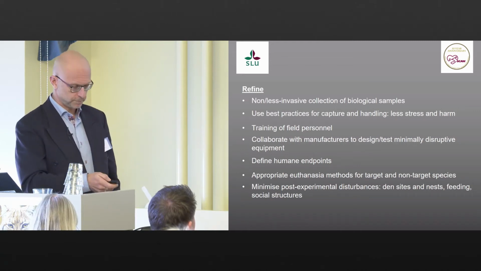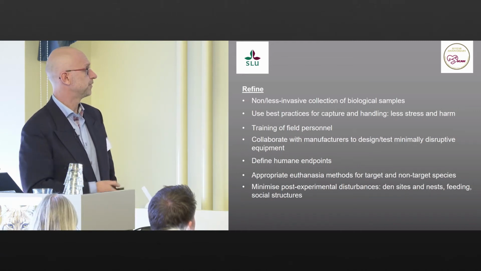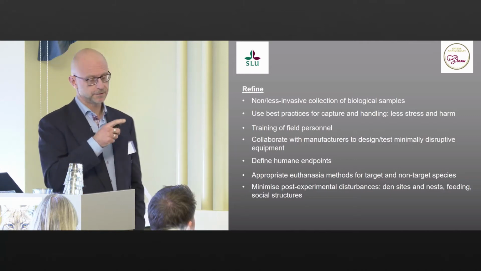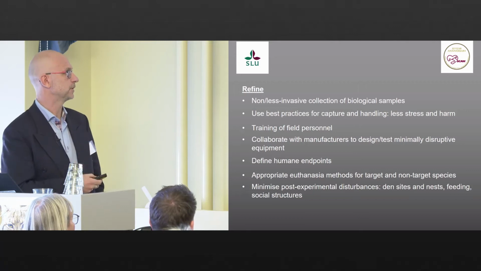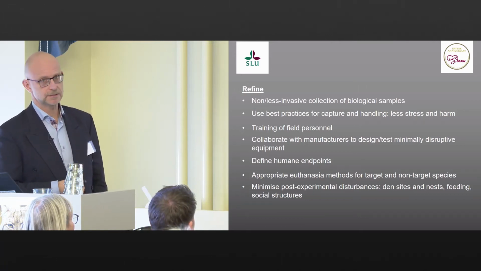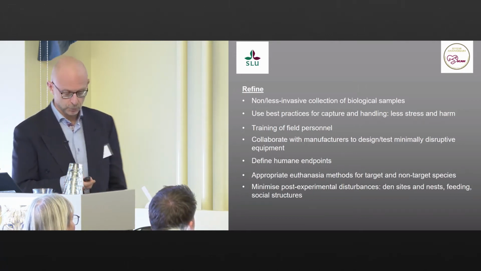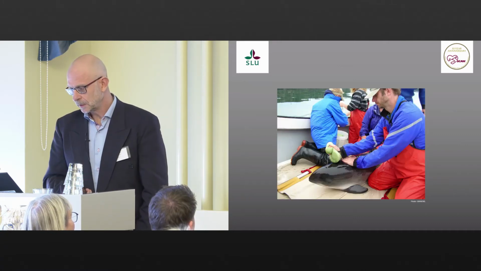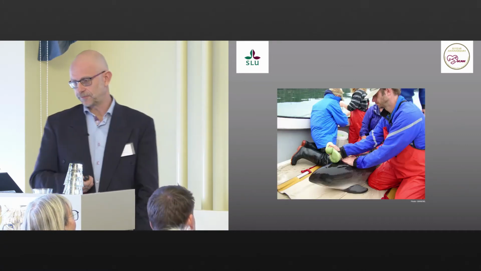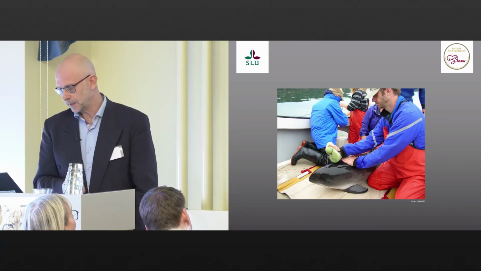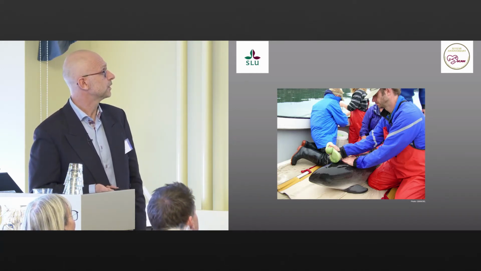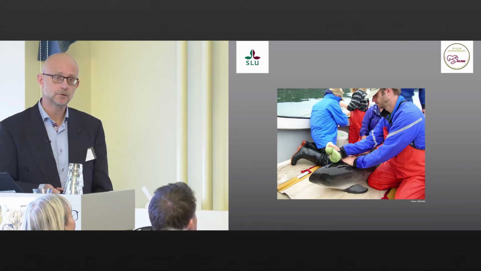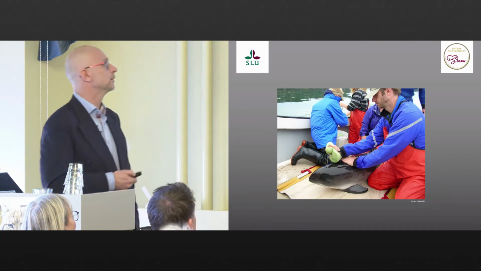And a very important point here, that is often important, sometimes you forget that, but you shouldn't disturb the environment for these animals: den sites and nests, feeding areas, and social structures. So just an example from the east coast of Canada, Grand Manan, where there is a whale research station that collaborates with fishermen.